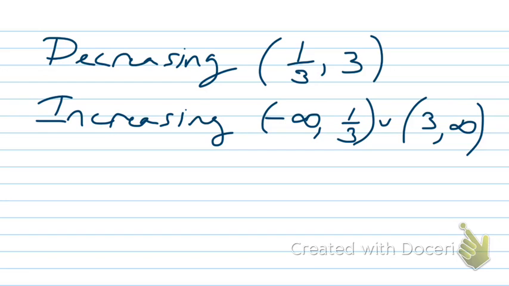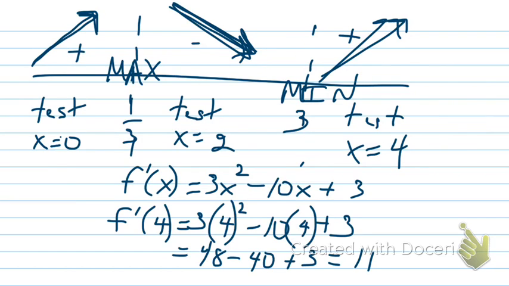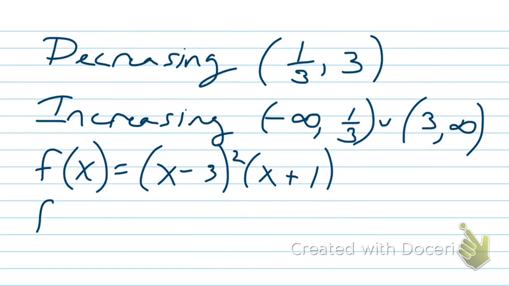Looking for the max and the min, we've got to plug back into the original function, or our rewritten version of the function. Either way. So if we plug into our original version, it looked like this. We said that there was going to be a max at 1/3. So let's evaluate f of 1/3 to find the max.